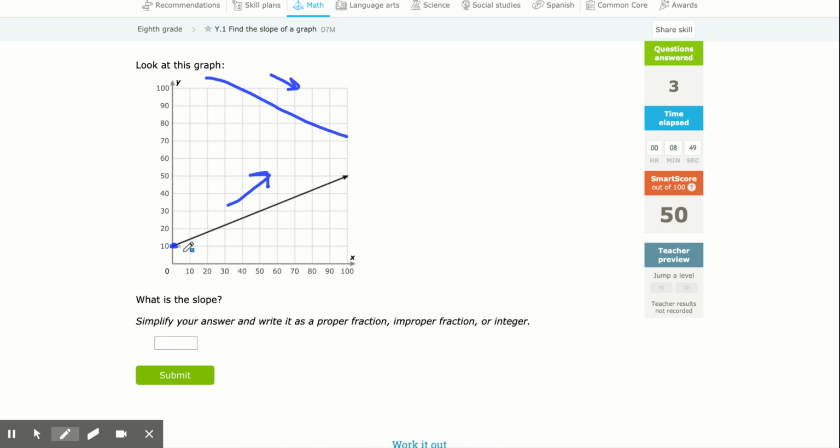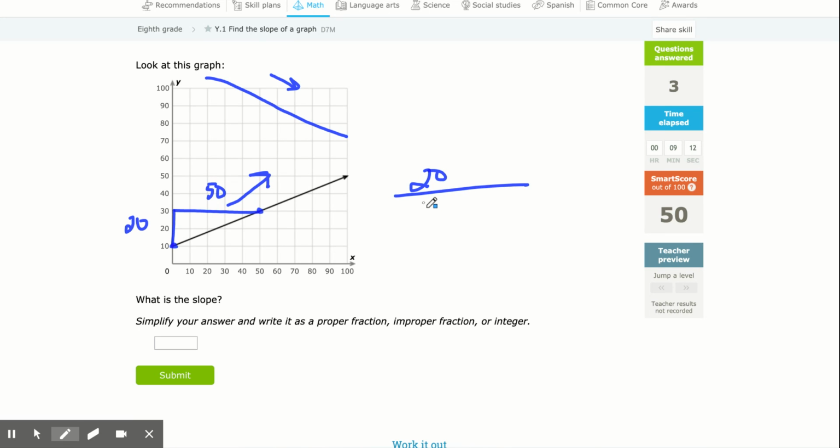So here we have this value here. Ooh, that's not nice. Here's my next nice value. So I go up 20 and I go over 50. And so I get a rise of 20 over 50.